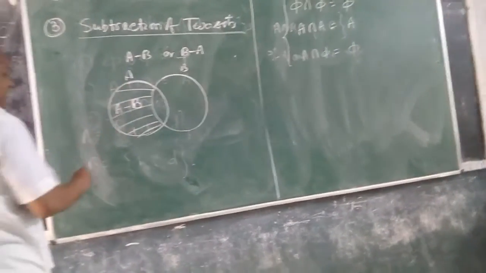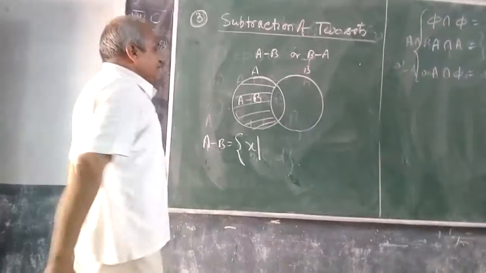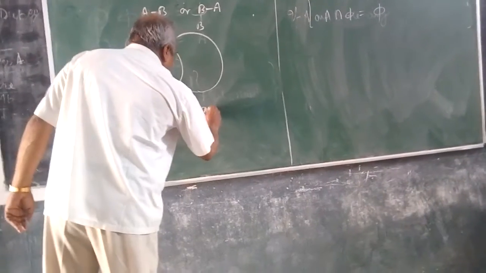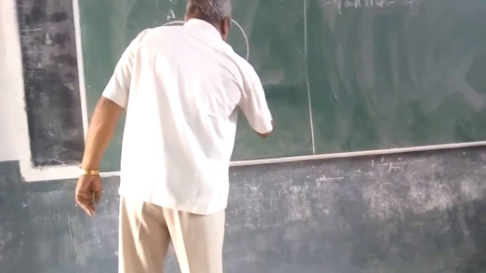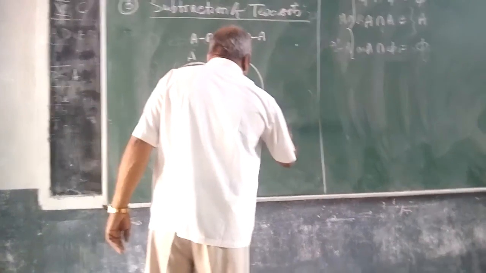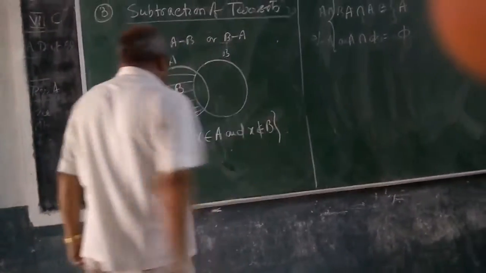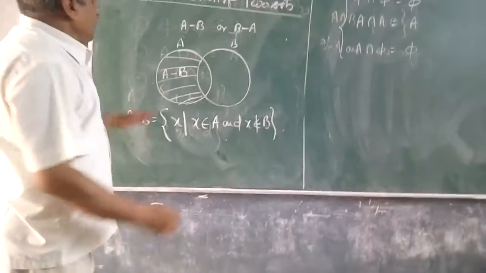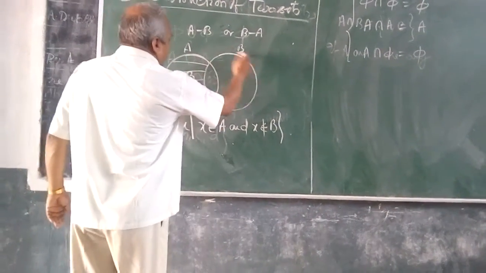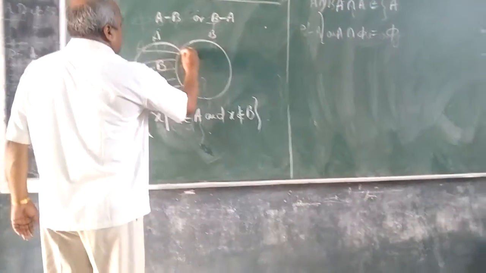Then how do we define it? A minus B is a set whose element is x such that x belongs to A and x does not belong to B. Okay, this is A minus B. In the same way, if we say B minus A, then this is B and from this B, A has been subtracted.